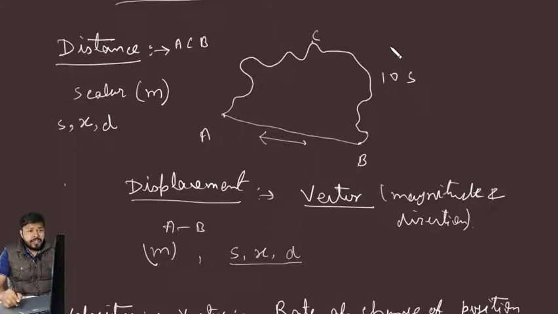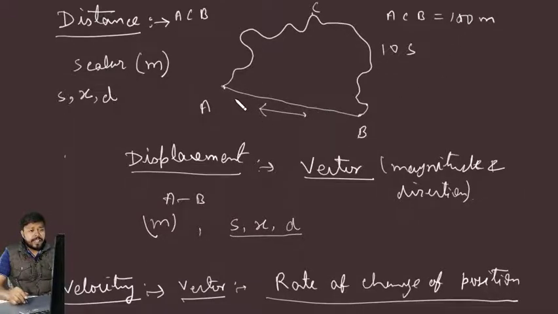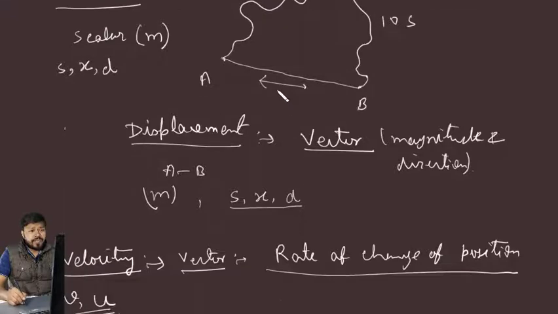The whole length of the distance ACB, let's say, we can take it as 100 meters. And the length of AB is, let's say, 25 meters.